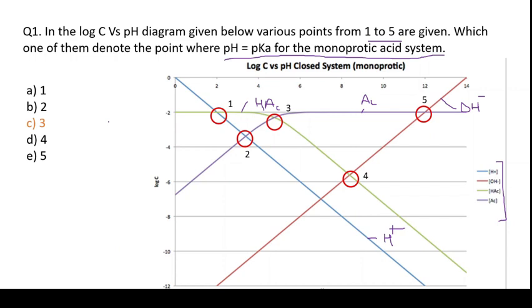So the solution is option C. This one. This is our solution. So where will the pH be equal to pKa? This, in the acetic acid system.